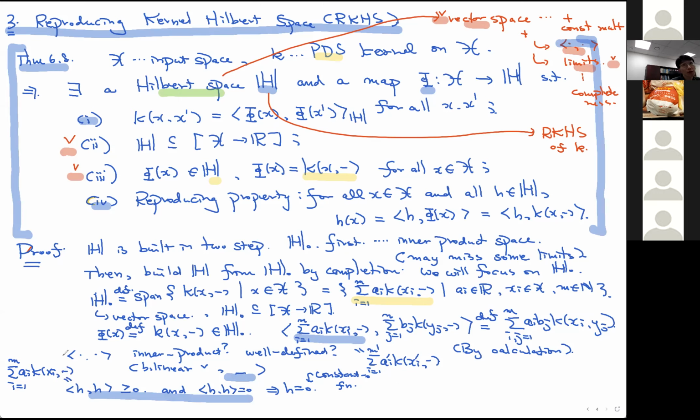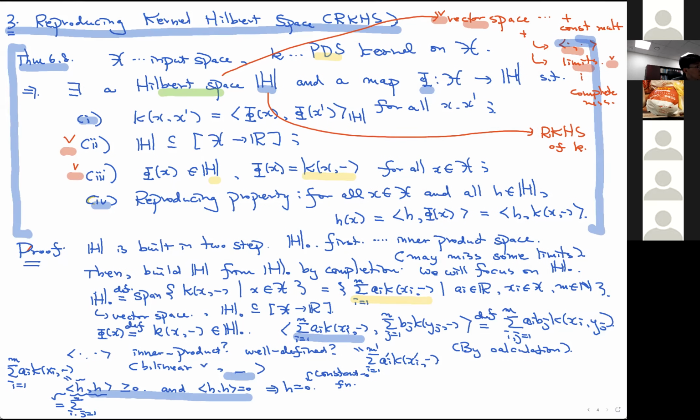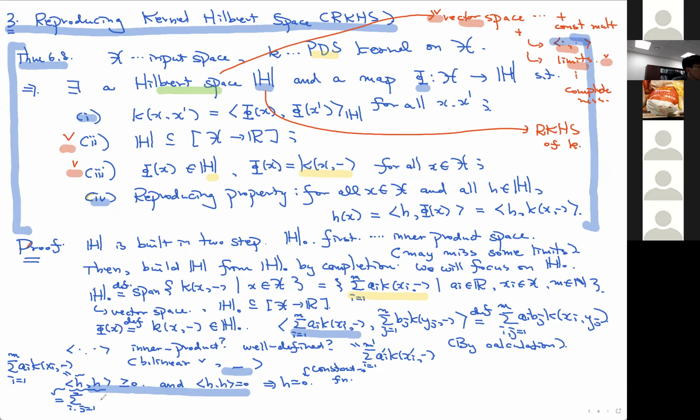So if you express it like this, then the whole inner product becomes the summation over i, j from 1 to m of a_i a_j k(x_i, x_j).